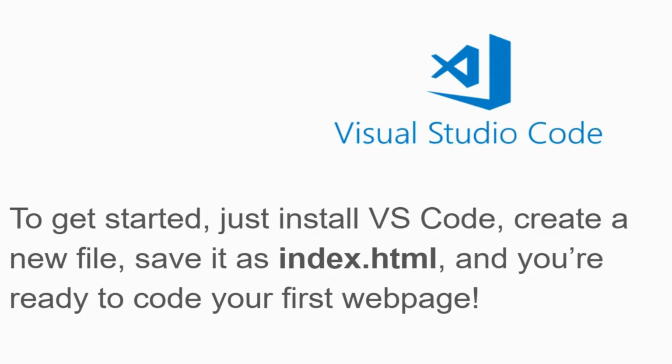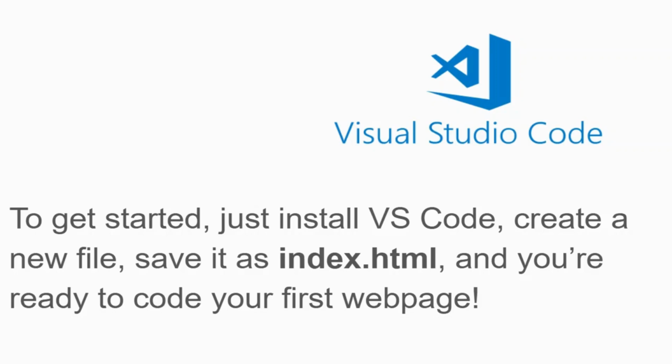To get started, just install Visual Studio Code, create a new file, save it as index.html, and you are ready to code your first web page. Don't forget, in our previous video we did something like this: I opened my Notepad, created a file, and named it index.html.